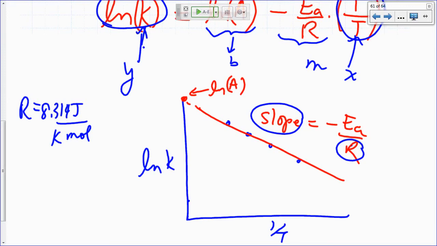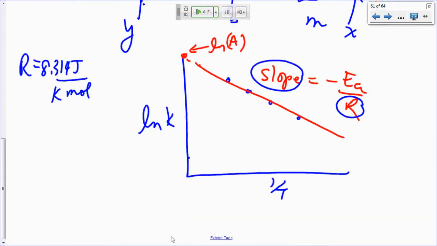So how do I get the slope of my line? I just need 2 points, right? I need to identify 2 points on the line to get my slope. First of all, let's see if this is consistent with our notion of rates being faster at higher temperature. At very high temperature, what's my value of 1 over T?